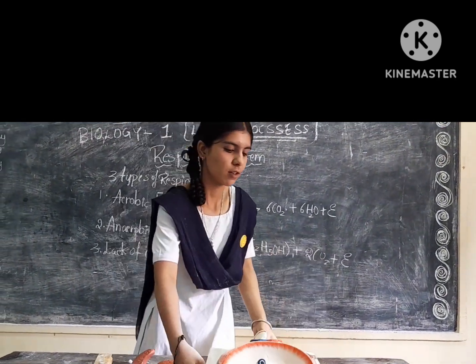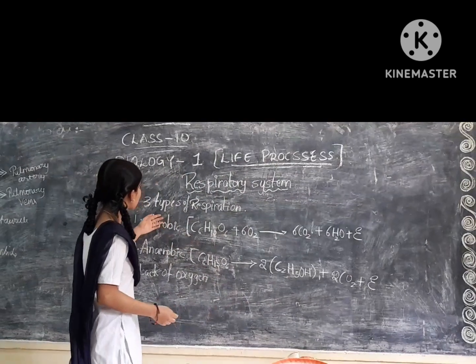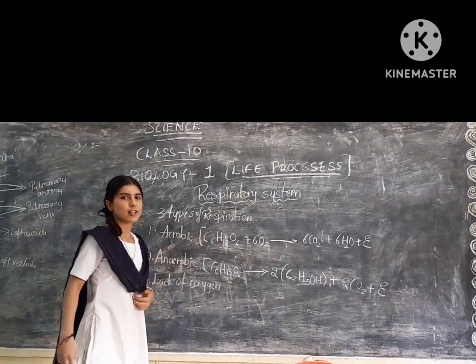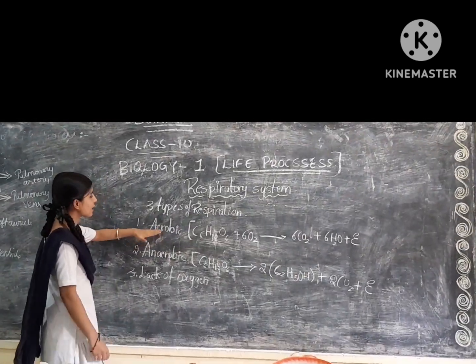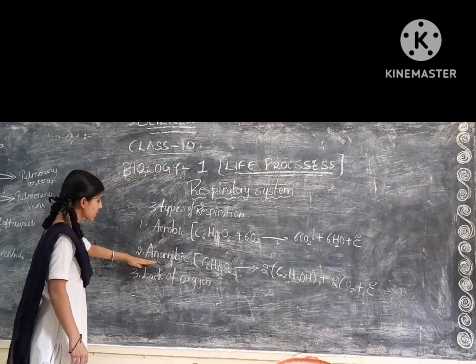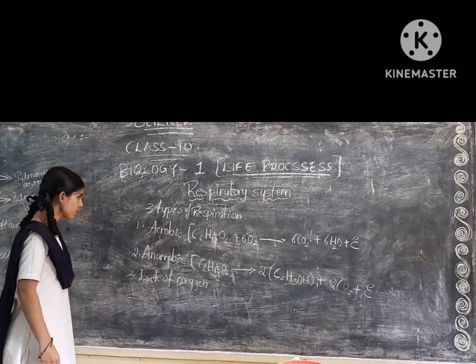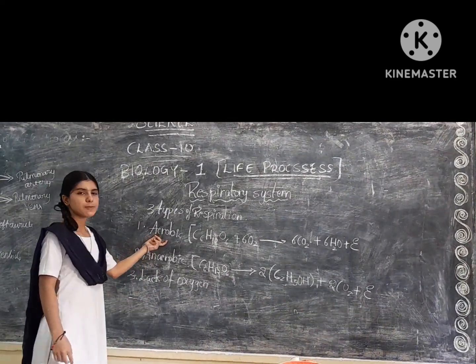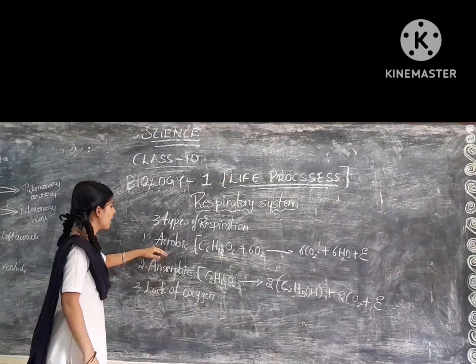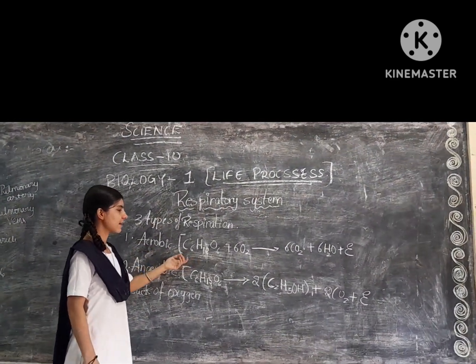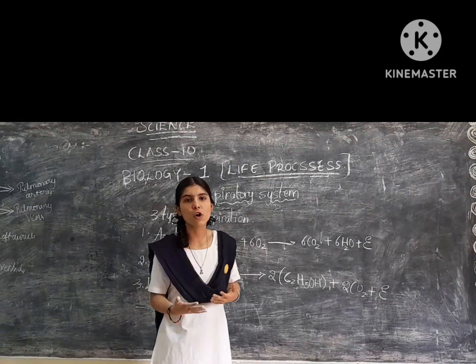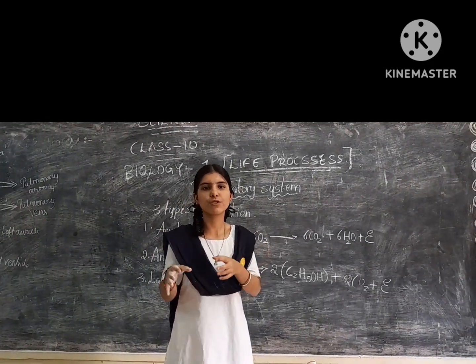Next, we'll learn about 3 types of respiration. The 3 types of respiration are aerobic respiration, anaerobic respiration, and respiration with lack of oxygen. Aerobic respiration takes place in the presence of oxygen to produce energy from food.